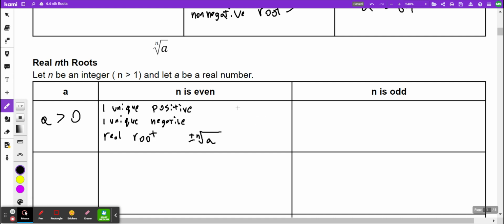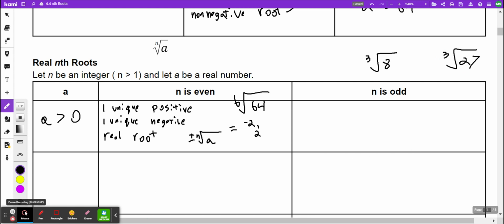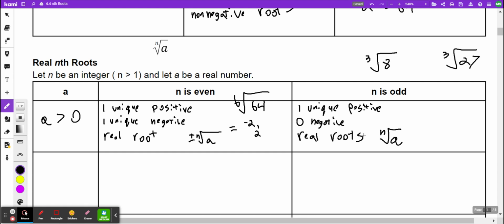Like we literally just talked about this. If we have the sixth root of 64, that's both negative 2 and 2. There's two answers there. But if n is odd, so for example, let's put 3, the cube root of 27, there's only going to be a positive answer, no negative.